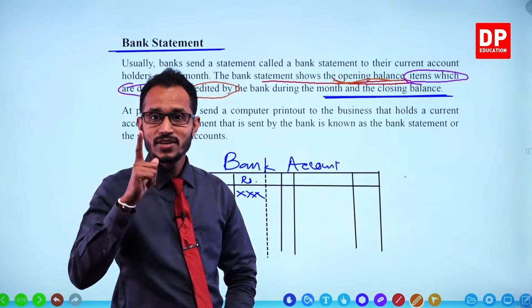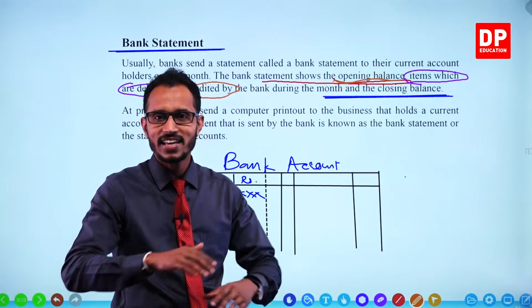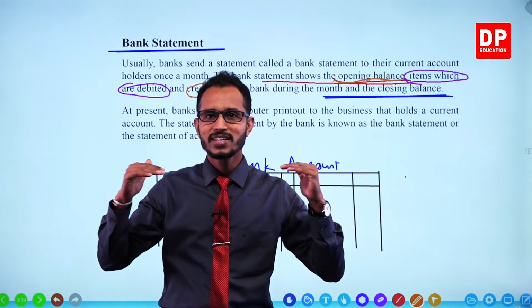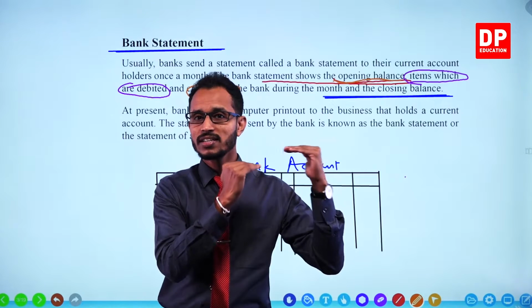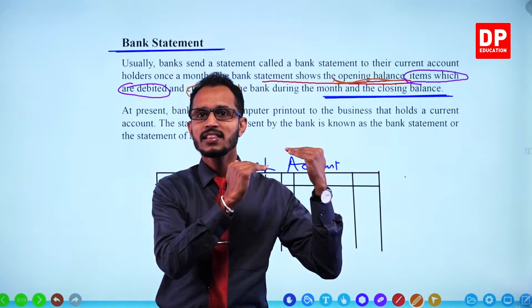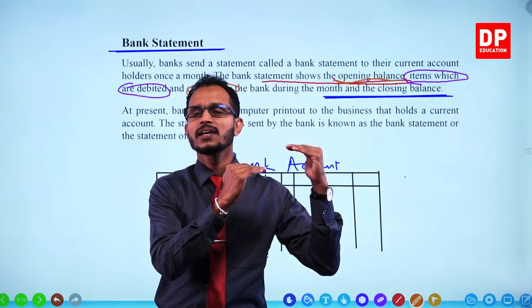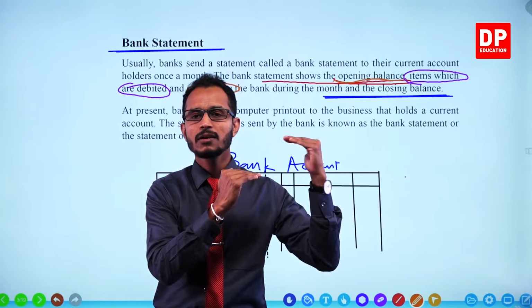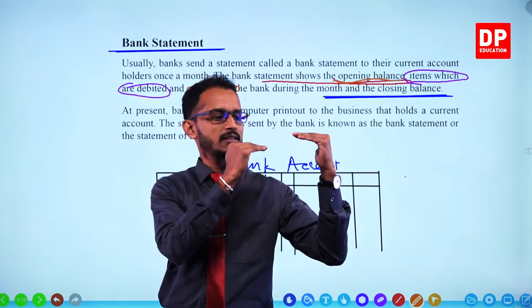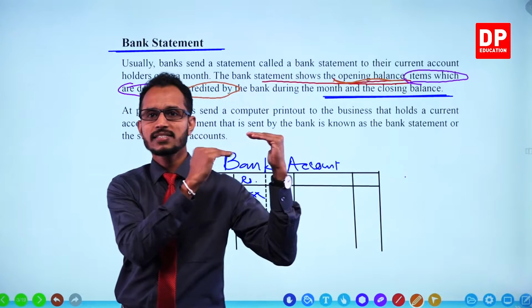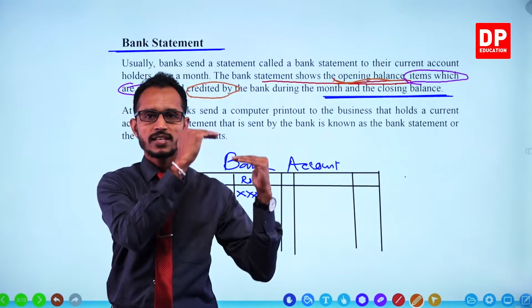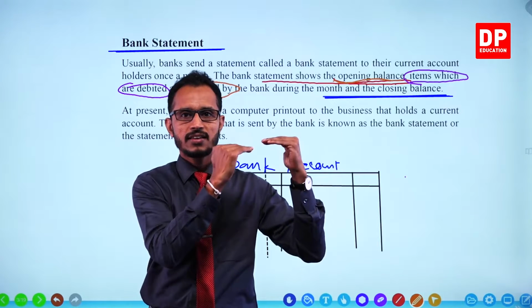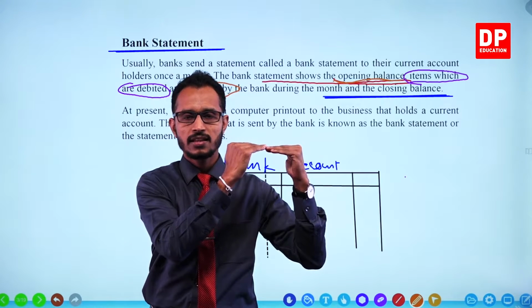That's when we need to reconcile. What are we going to reconcile? The business bank book final balance with the bank statement final balance. We have to adjust both these and we have to reconcile.